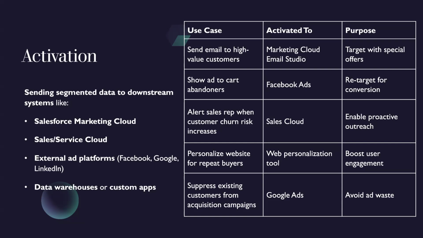Maybe you want to provide a personalized view of your website to some of your repeat buyers. You can send the segments to a web personalization tool, which can boost engagement. These are a few use cases where you activate your data, meaning you send this data out as segments and benefit from it.